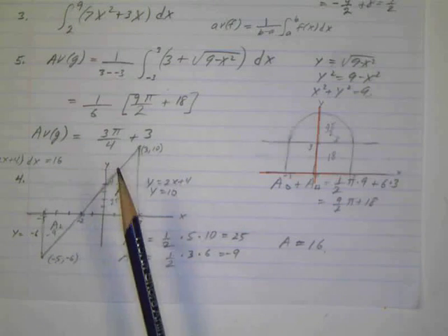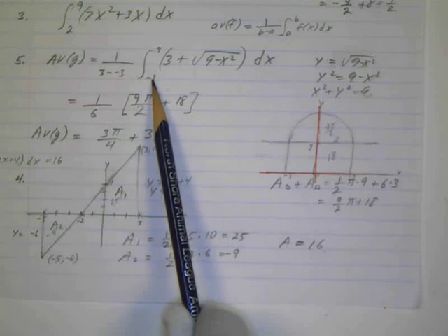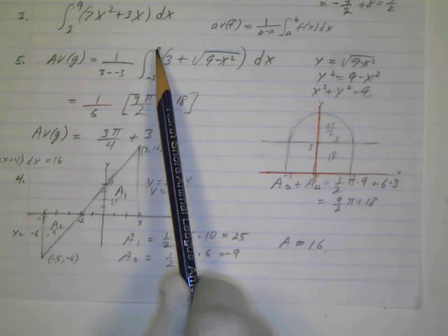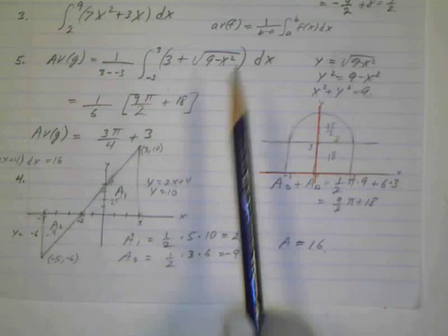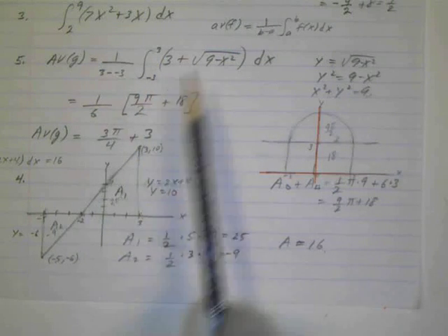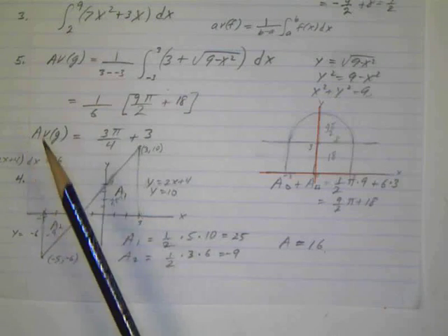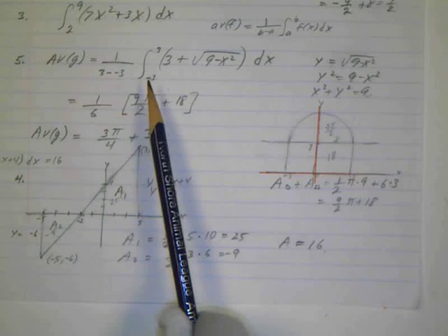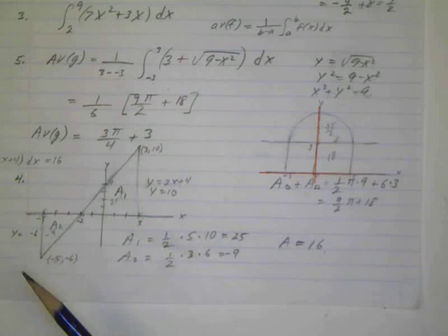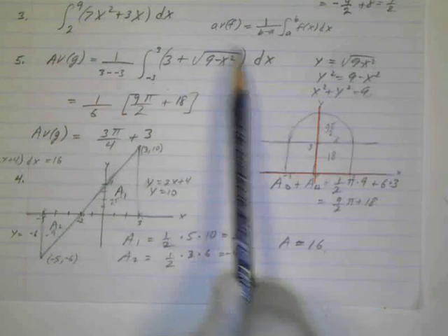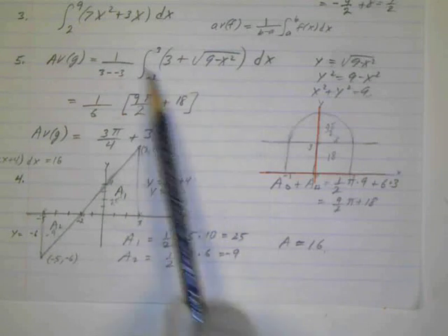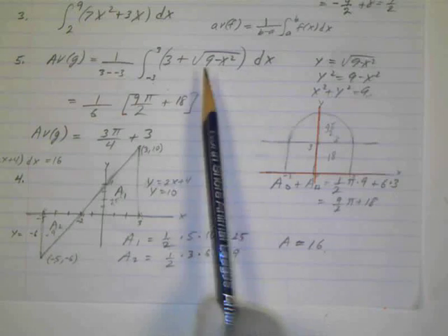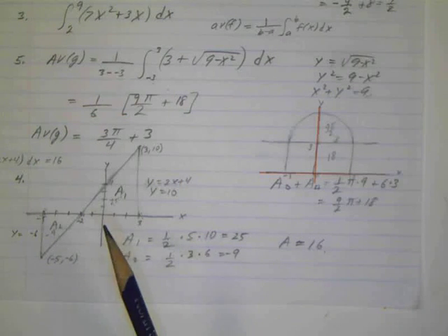We take the integral from negative 3 to 3, that's my a to b, and this is the function. So we're trying to find the average value of this function over this interval. I have to graph this and use the area to find the value of the integral, because I can't do this without a calculator.